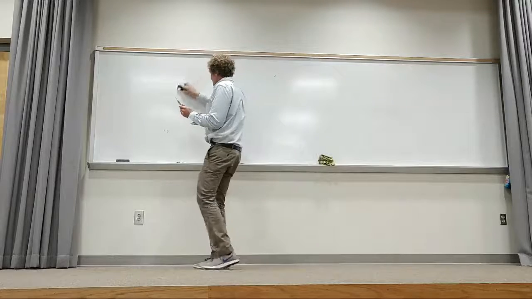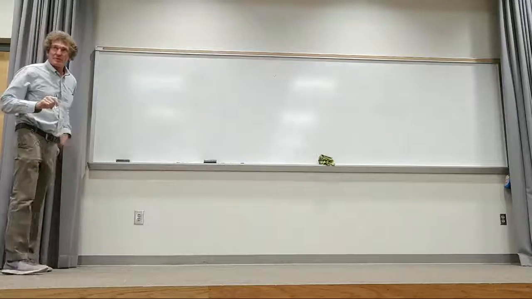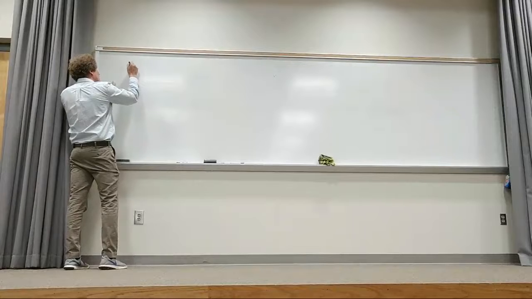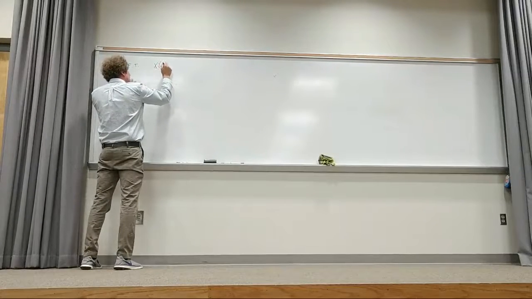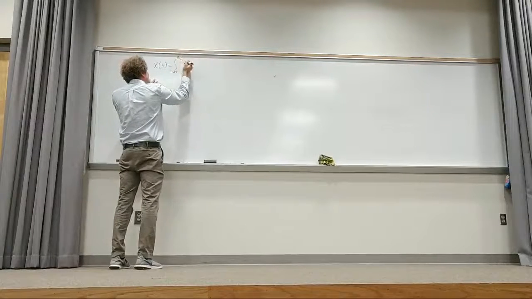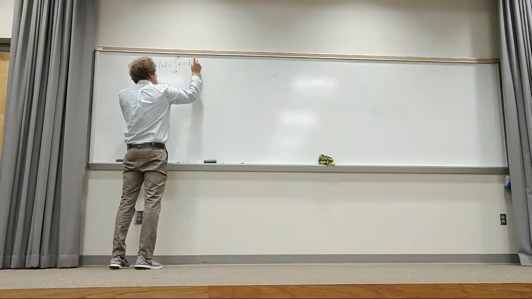You don't need to copy this down right here, but for the purposes of where I'm going, this will help. I'm going to start with the actual Fourier transform. For the Fourier transform, I know X of omega is equal to the integral from minus infinity to infinity of x of t e to the minus j omega t dt.